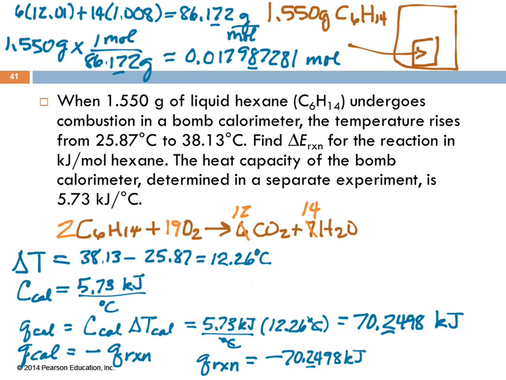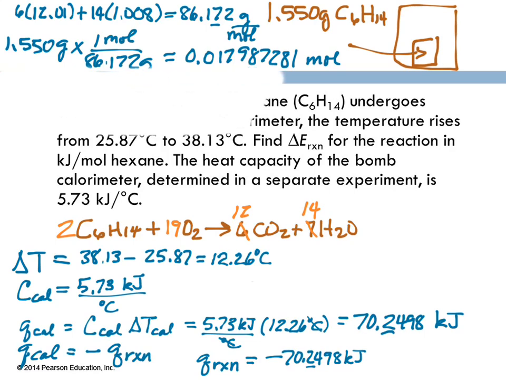So if we want kilojoules per mole, all we have to do is take the kilojoules and divide by the number of moles. I'm not sure where I'm going to do that, though. I'll just make some more room right there. So 70.2498.